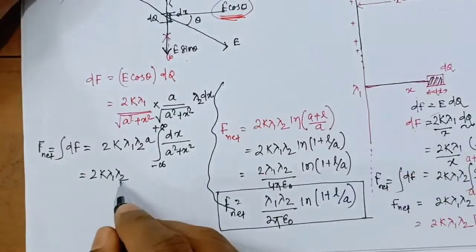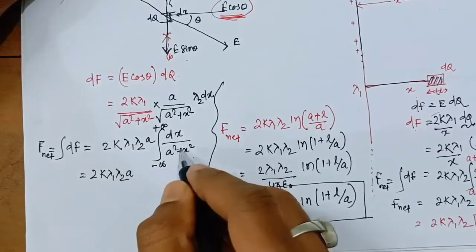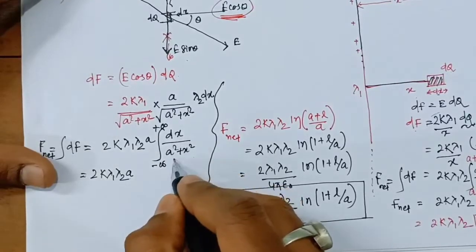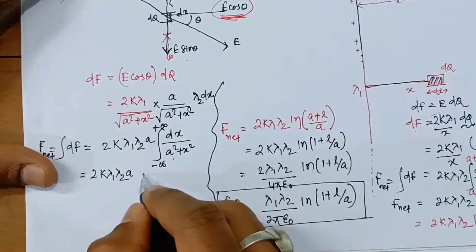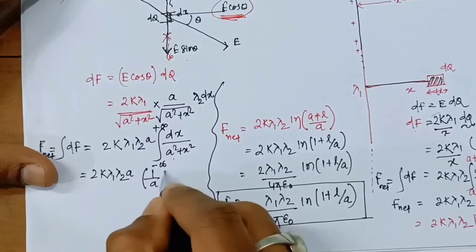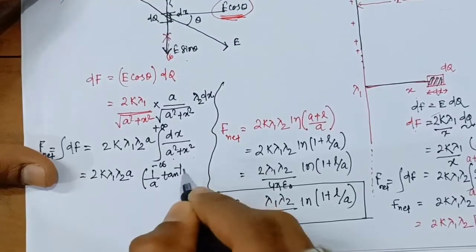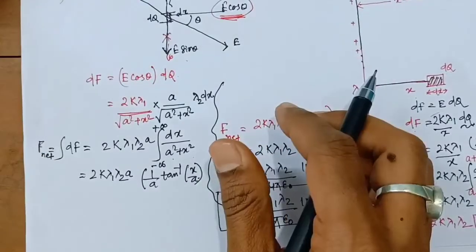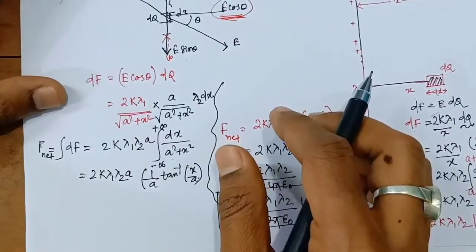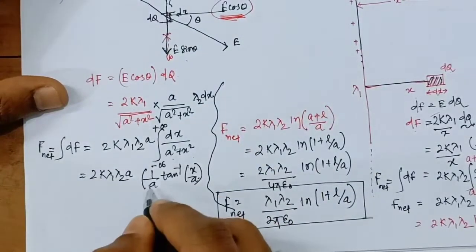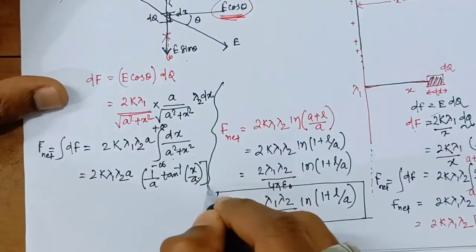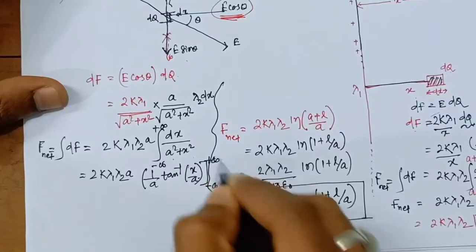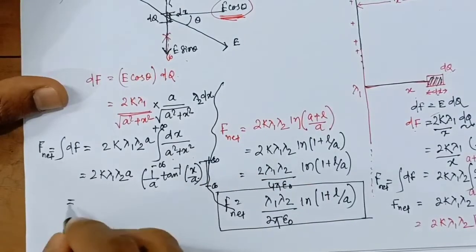So 2k lambda 1 lambda 2 a, and what is the integration? dx upon a square plus x square, direct formula I will use. This is 1 by a tan inverse x by a. This is the integration formula one can use. The limit I will put minus infinity to plus infinity. Little arrange here.